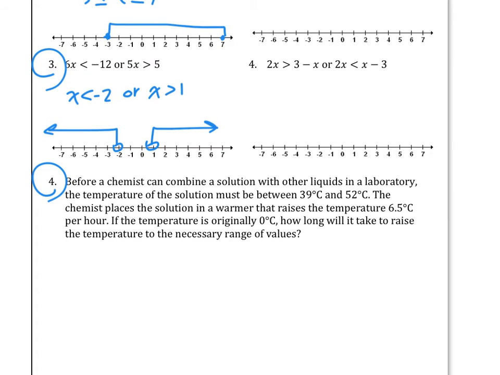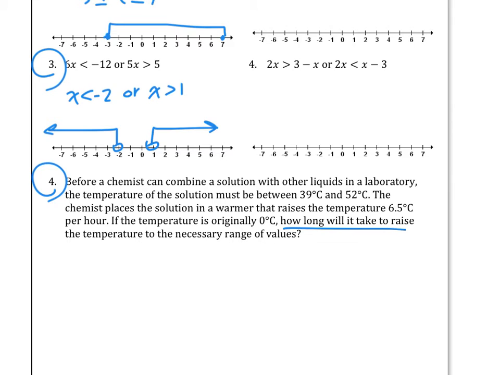So number 4 says, before a chemist can combine a solution with other liquids in the laboratory, the temperature of the solution must be between 39 to 52 degrees C. The chemist places the solution in a warmer that raises the temperature 6.5 degrees C per hour. If the temperature is originally 0 degrees C, how long will it take to raise the temperature to the necessary range of values?